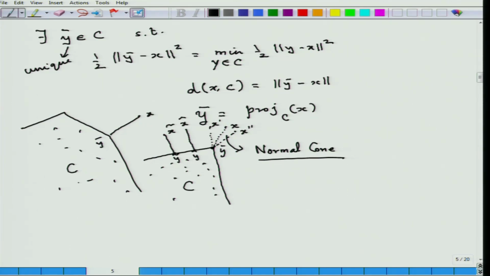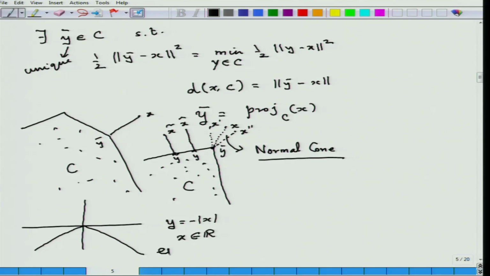y bar is the only projection point. Now, you see, if I do not have a convex set, this unique projection business does not work. For example, take the set C as the epigraph of y equal to minus mod x.